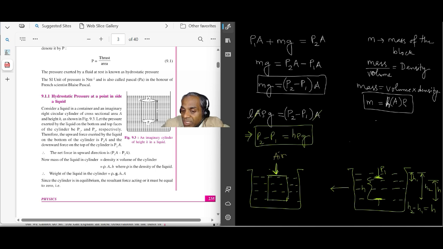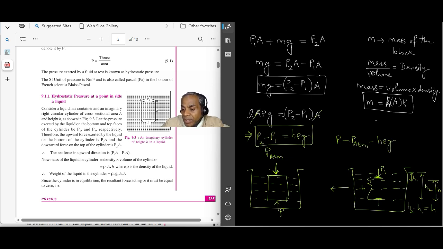In this case, it is due to the air. So it is the pressure of air, or we call it the atmosphere. So we will say pressure of atmosphere. And this is the pressure at H2, P2, or we can replace that by P. So now we have P instead of P2, and P2 minus P1 is replaced by P atmosphere equal to H rho G. Okay.